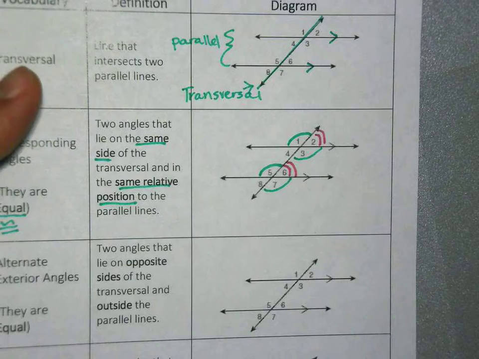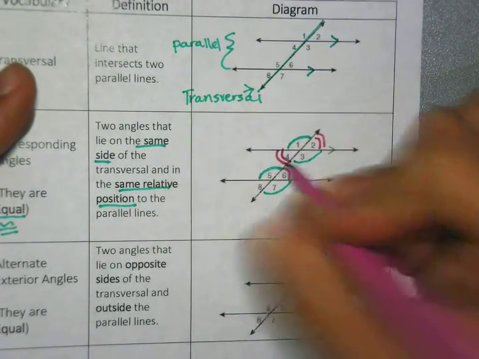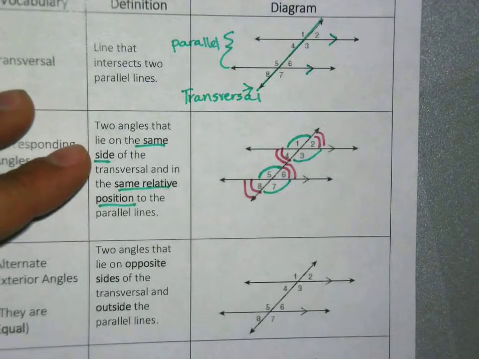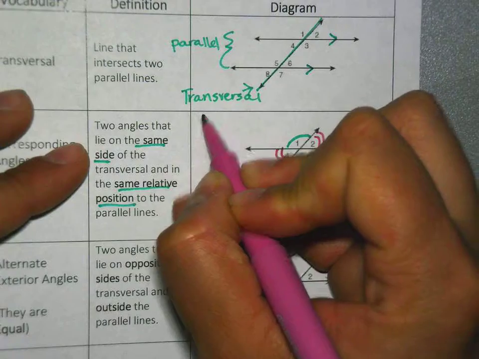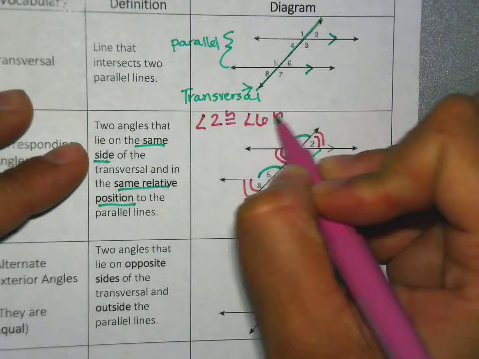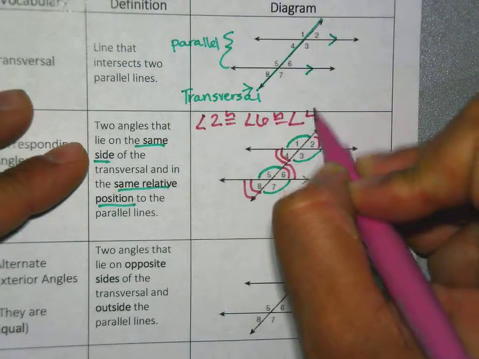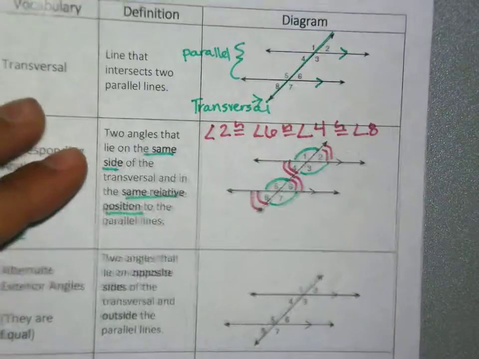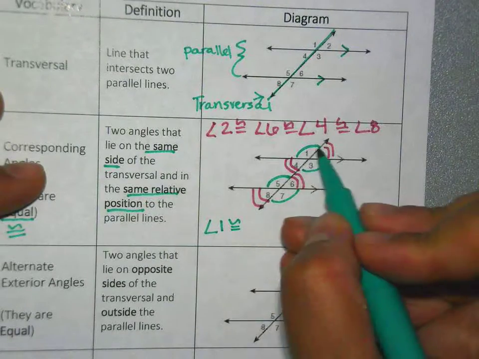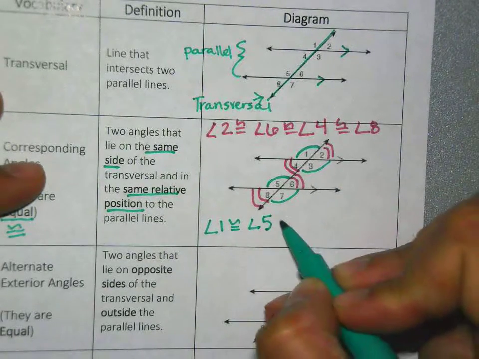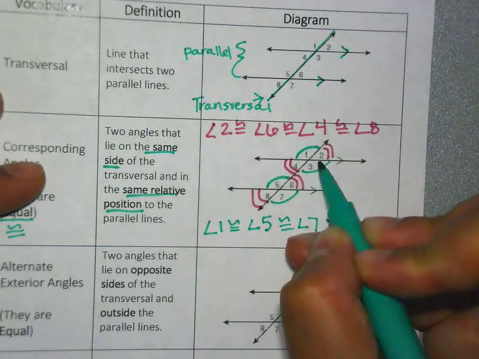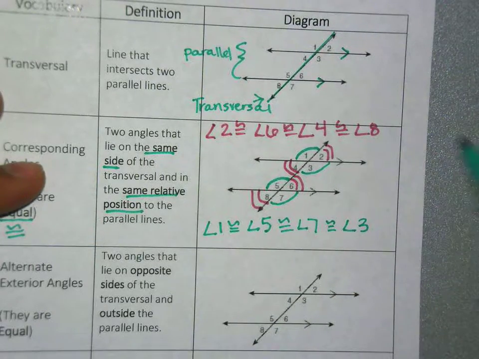So I'm going to put 2 arcs around angle 4 as well. This means that angle 2 is congruent to angle 6 and is congruent to angle 4 and is congruent to angle 8. Likewise, angle 1 is congruent to angle 5, which is congruent to angle 7, which is congruent to angle 3. And again, these are all corresponding angles.